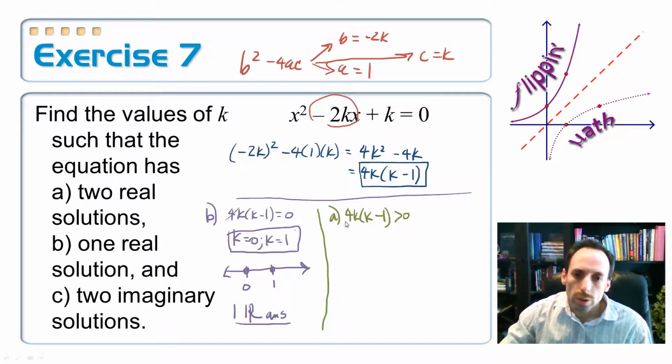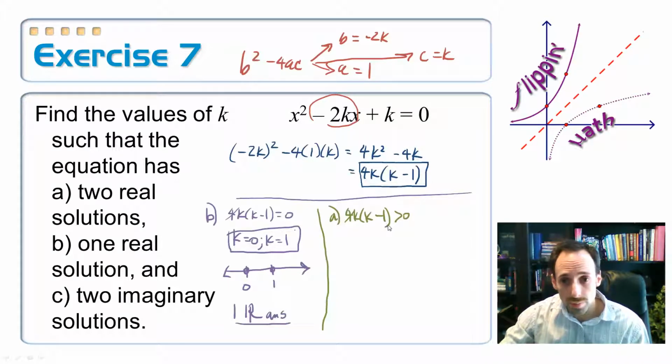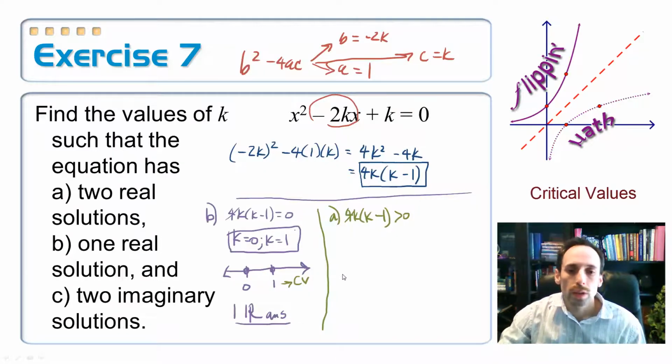I could go ahead and divide by 4. Now, solving quadratic inequalities is not the same thing as solving quadratic equations. Instead, we're going to base it on these two answers that we got over here, and these two answers are going to be called the critical values. Let's put CV for critical values.